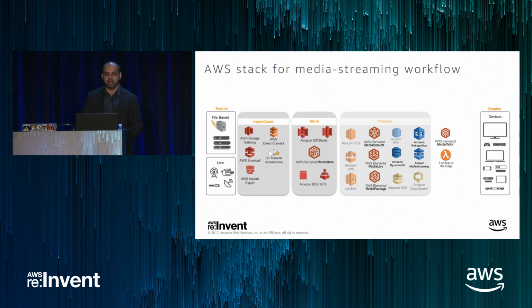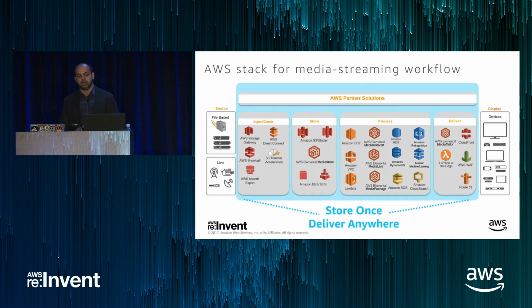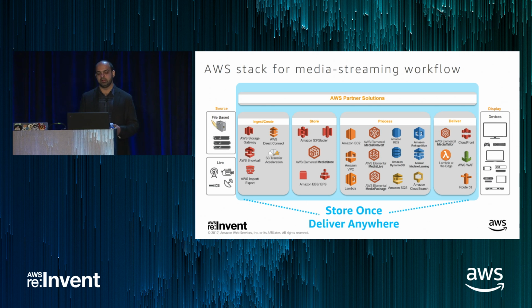So the AWS stack for media streaming workflow, again taking the simplified version from ingest to store, process, and deliver, has a lot of different services at play in this entire glass-to-glass workflow, which is basically from camera to the device, right? On the source side, there are even things like Amazon Snowball that you can use for ingesting large-scale content securely and at scale.